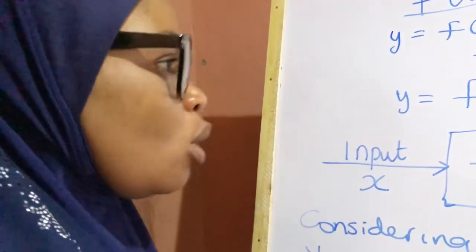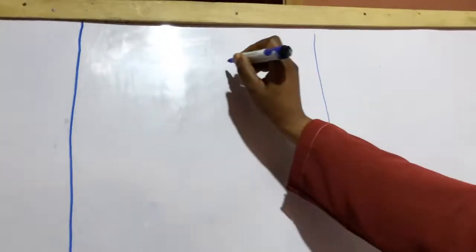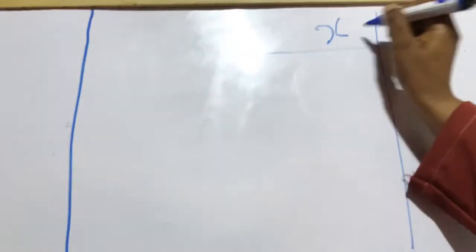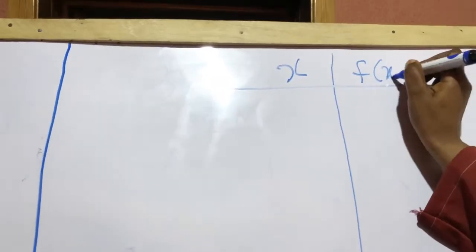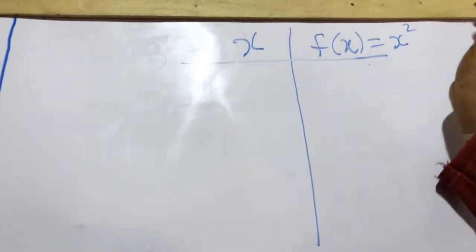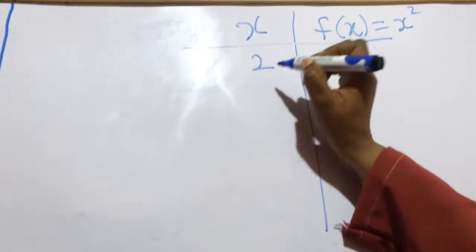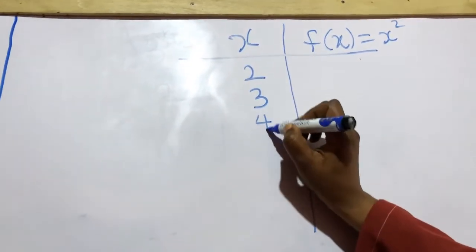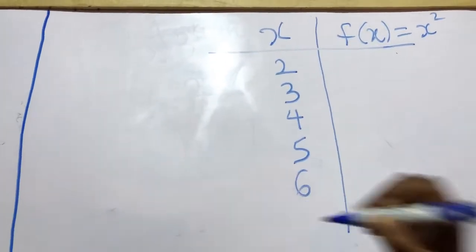answer. So if you have this is x, this is f of x. Let's say this f of x is equal to x squared. So you have 2, 3, 4, 5, 6.